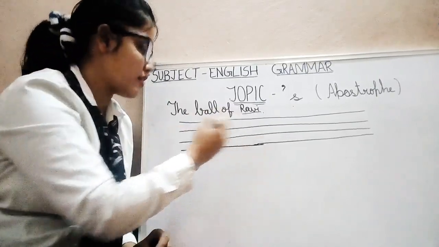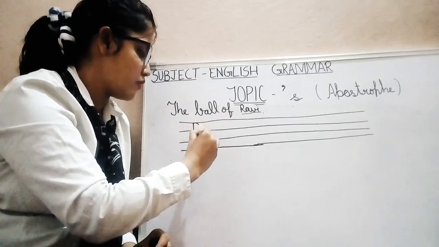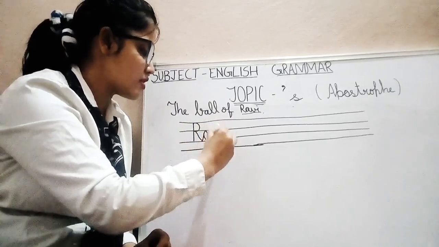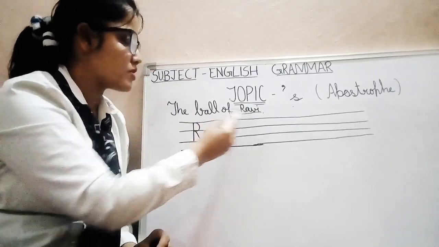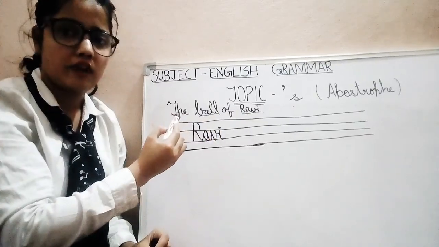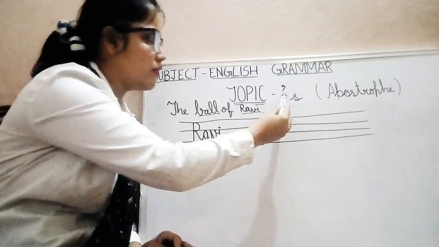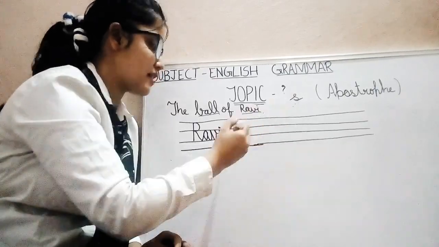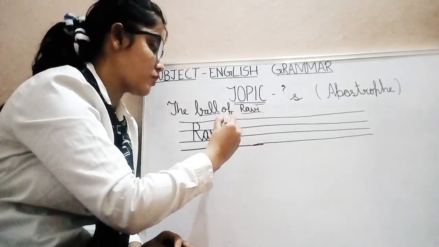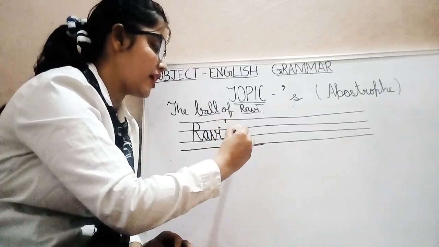Who possessed the thing? Ravi. We will write Ravi first, and then Ravi possessed what? Ball. Fine. So to show that the ball belongs to Ravi, we will use apostrophe and S sign. Here we will write apostrophe sign and then we will write S.